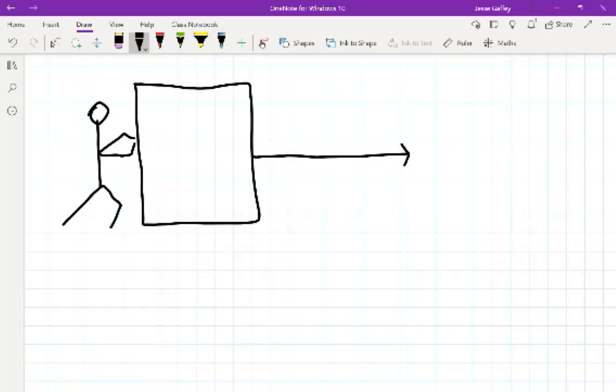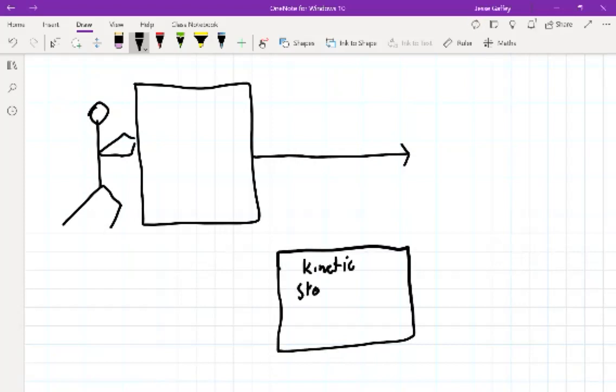When the box starts to move, we say that energy has been added to the kinetic store of the box because it's moving now. So it must have energy in the kinetic store. Now, where did the energy come from? Well, it obviously came from the person.